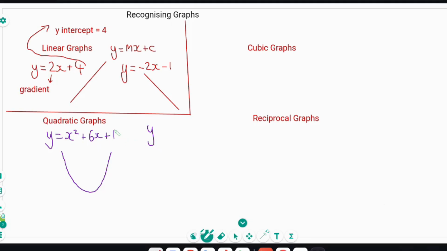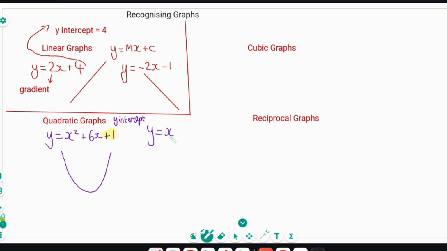Also useful in noting this +1 here would be your y-intercept, because if I put in x as being 0, we'd have 1 left over. That's always useful when you're recognising graphs, looking at the y-intercept.